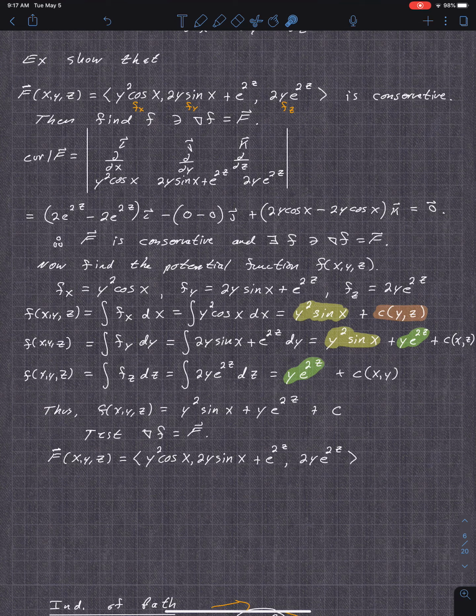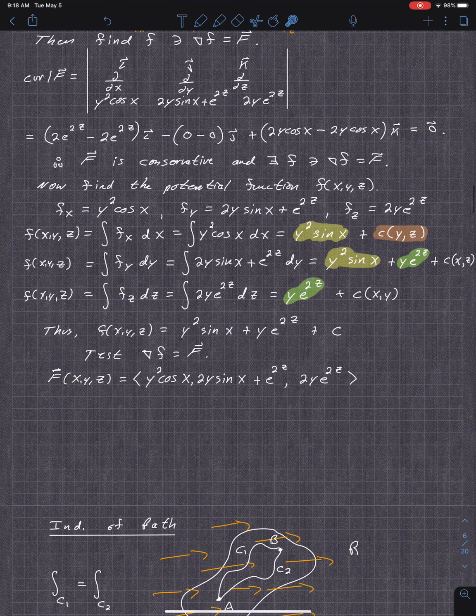So for the potential function, basically you have this setup. Here's my capital F. That means each one of these functions individually is a partial of little f. So partial fx has to be this, partial fy has to be this, partial fz has to be this. Then what you do is you integrate each one of those separately.